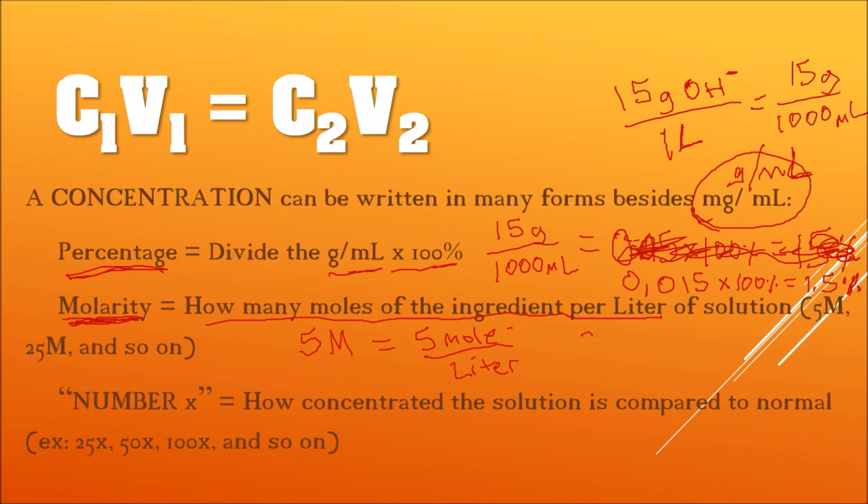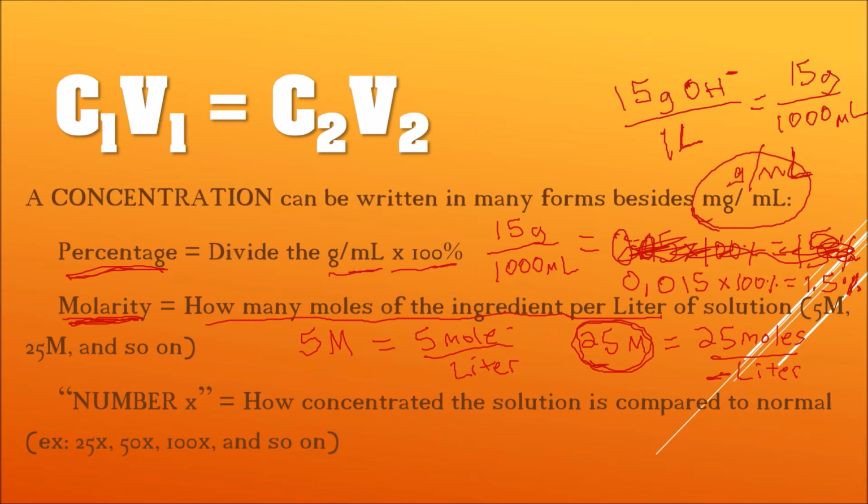If you have 25 molarity, then you'll have 25 moles per liter of solution. So even if you take just a teaspoon of that stock solution out, it's still going to have a 25 molarity because you're calculating the molarity based on how much is in a liter of the solution, always.